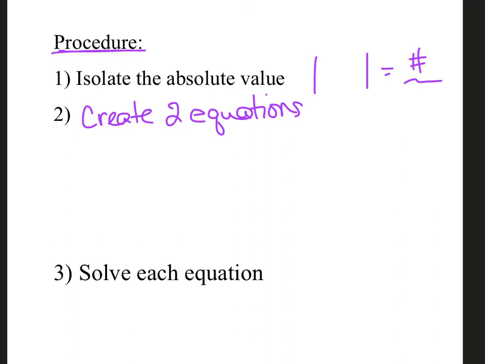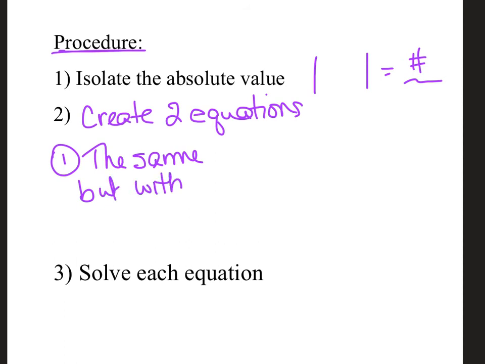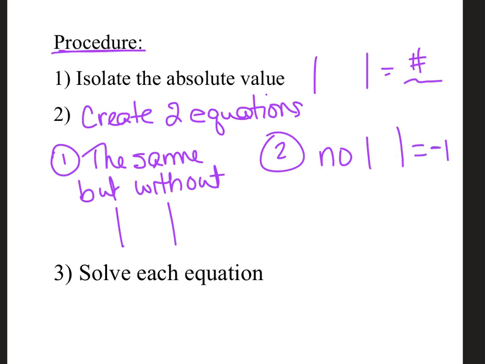The first one is going to be the same, but without the absolute value signs. And the second one is going to have no absolute value signs, but it's going to be equal to the negative of whatever that number was. Then you're going to solve each equation, and those are the answers.